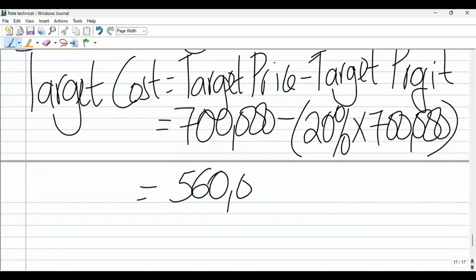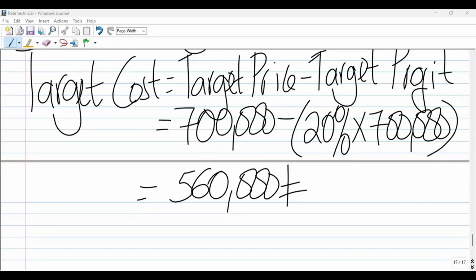560,000 shillings. It means that if you want to make your customer happy, or if you want the customer to afford the product, which is the Medtel, you should incur a cost of 560,000. If you want the customer to afford your phone, make sure your cost is 560,000. It can be below, but not above.